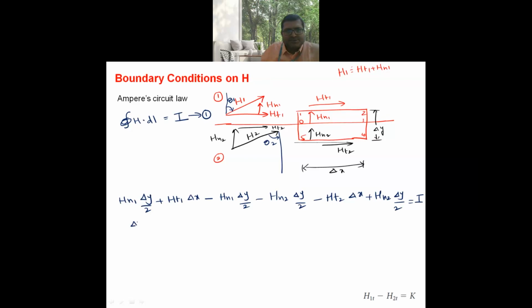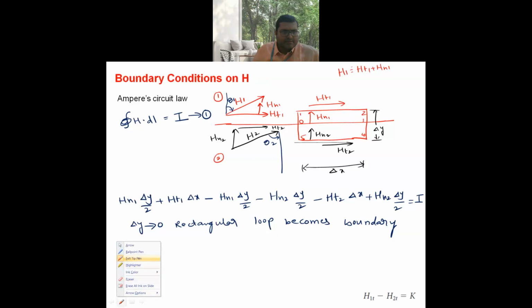As delta y tends to 0, the rectangular loop becomes the boundary, and hence the term associated with delta y is equal to 0.